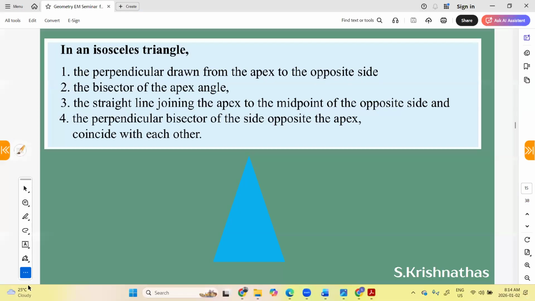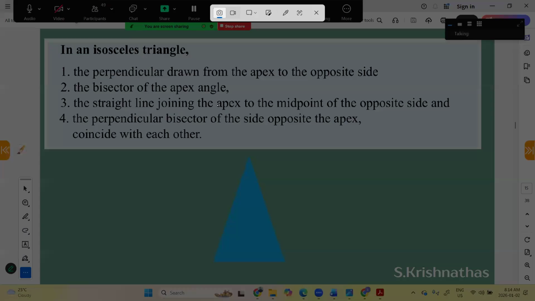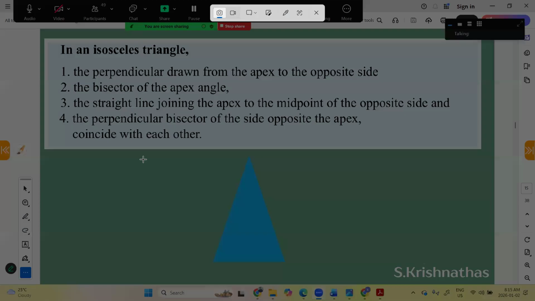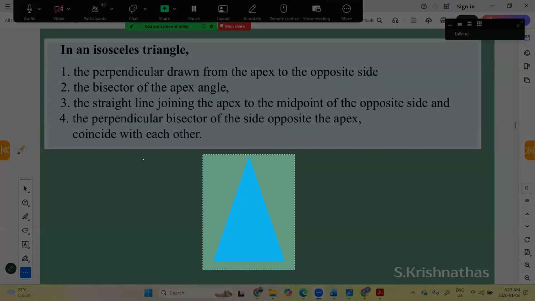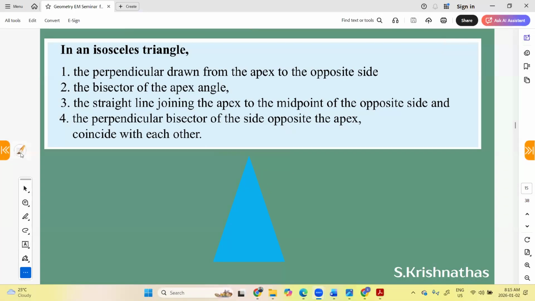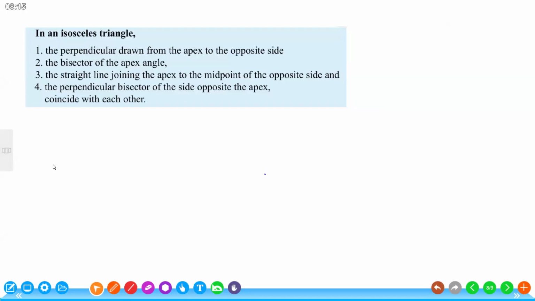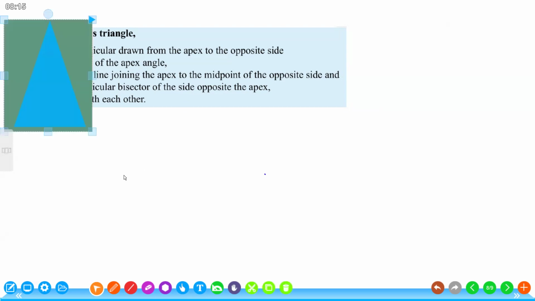Check the first statement. What is the first statement? The perpendicular drawn from the apex to the opposite side. Students, have you understood the word apex?